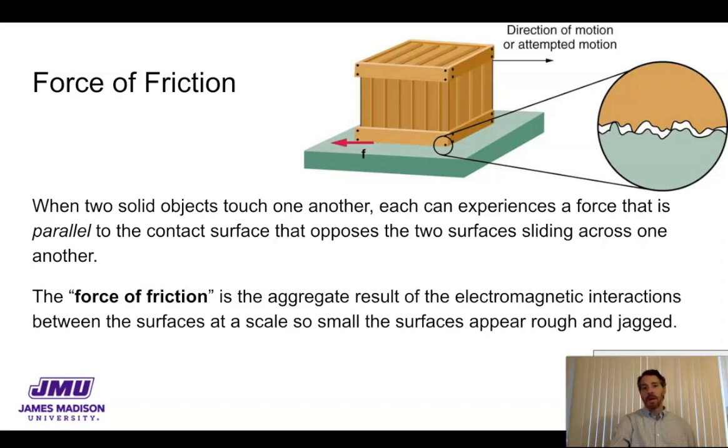When two objects are in contact with each other, especially two solid objects that have rough surfaces, those rough surfaces might feel very smooth to us, but at the microscopic scale, if they're rough, then when the two objects slide across each other, those jagged edges will interact to try to prevent the two surfaces from sliding across each other. The force of friction is, as it says here, that aggregate result of those interactions at a scale so small that the surfaces do appear rough and jagged even if they feel smooth to our touch.